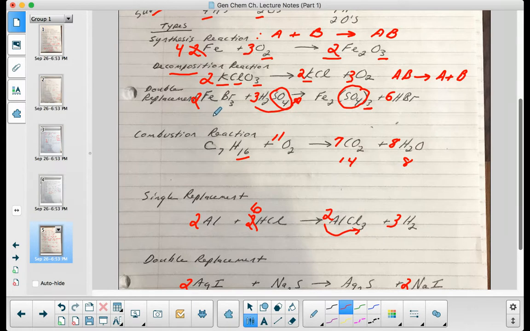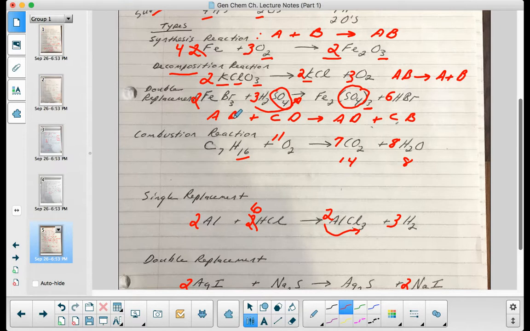And the double replacement reaction can be thought of like this: AB plus CD goes to AD plus CB. What happens in the double replacement reaction is that I always say they change partners.